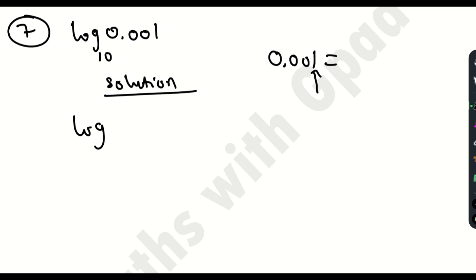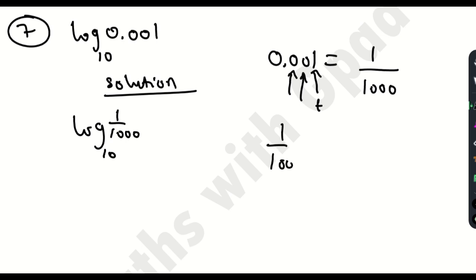This first one here is 10th, 100th, and what? 1000th. So that's 1 over 1000. So 0.001 is 1 over 1000, and we have base 10. Again, 1 over 1000 is equal to, from one of the laws of indices, 1000 raised to the power of what? Negative 1.